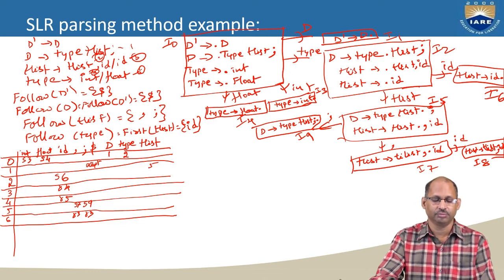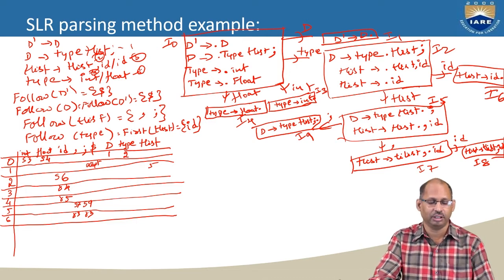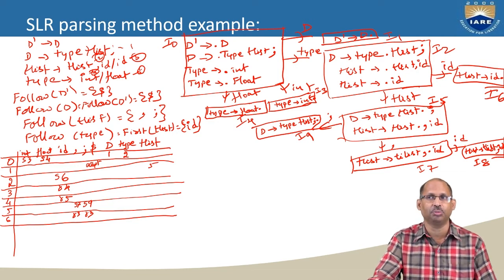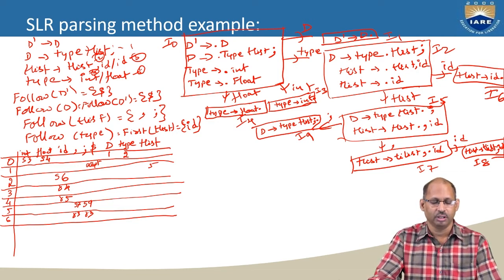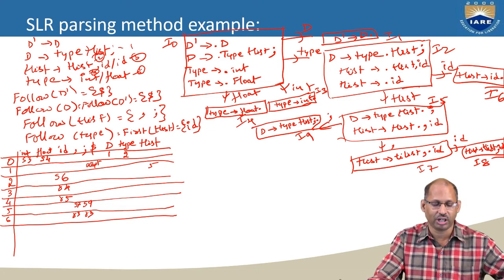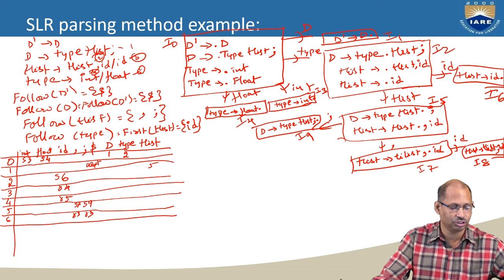Okay, is it clear? For state 6, we have written R3 and R3.